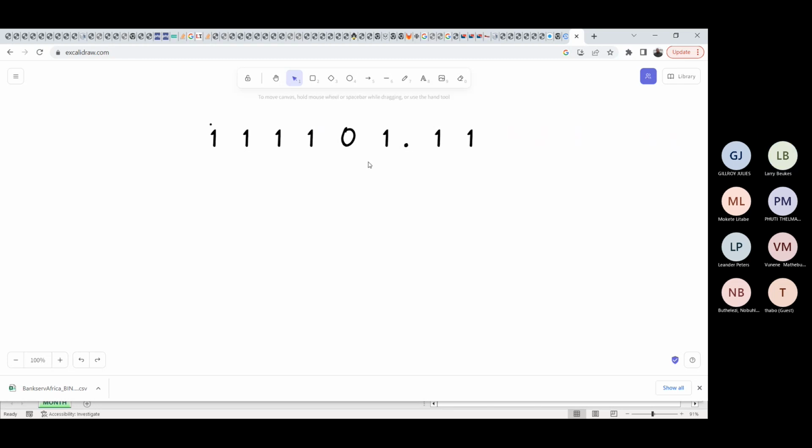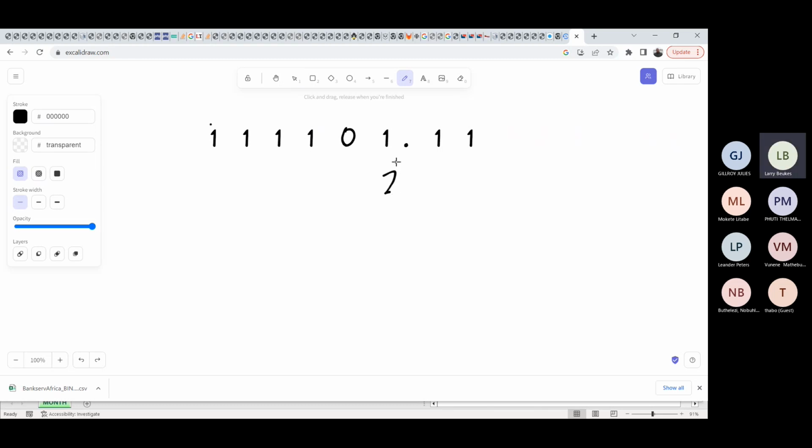Great stuff. Okay, let's start. So let's start here with what we know. The first one we know is 2 to the power 0, 2 to the power 1, 2 to the power 2, 2 to the power 3, 2 to the power 4, and then 2 to the power 5, right?